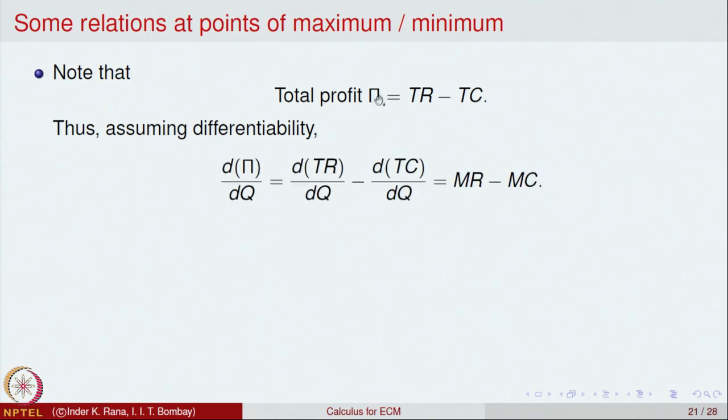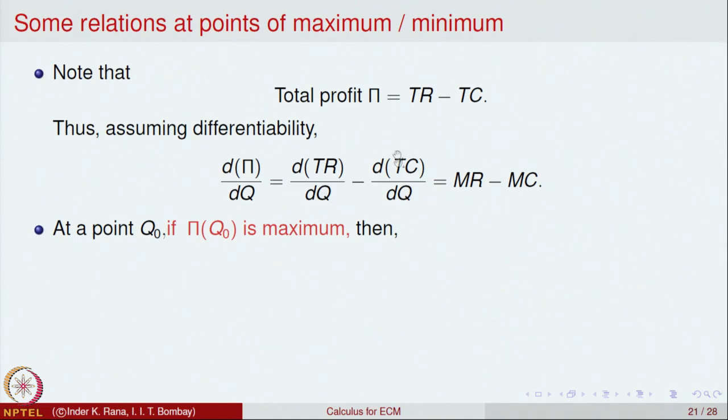Then the derivative of total profit with respect to Q is the derivative of total revenue minus the derivative of total cost with respect to Q. We are differentiating this assuming each is a function of Q. The derivative of TR is the marginal revenue, and the derivative of TC is the marginal cost. So, MR minus MC.